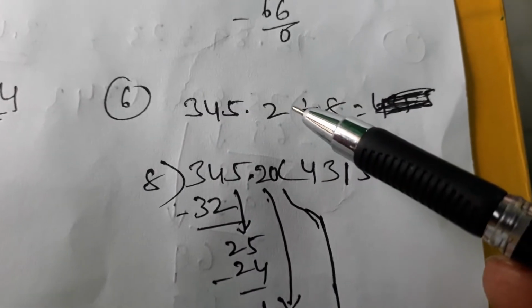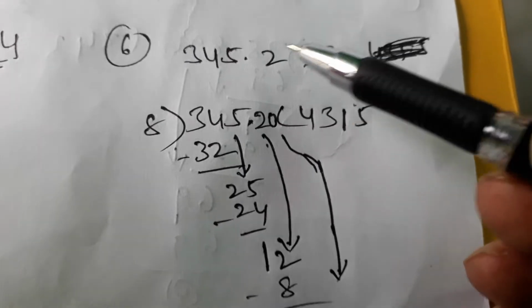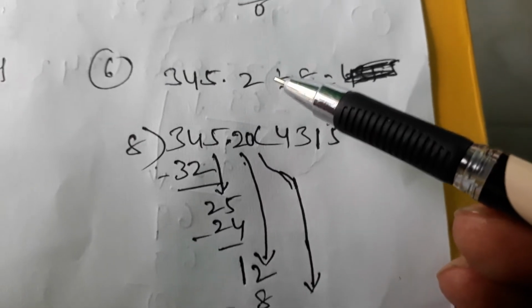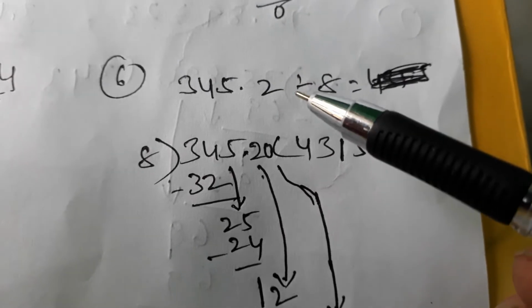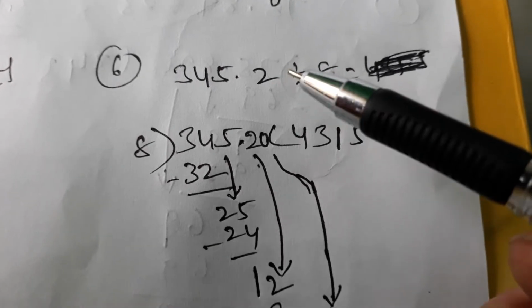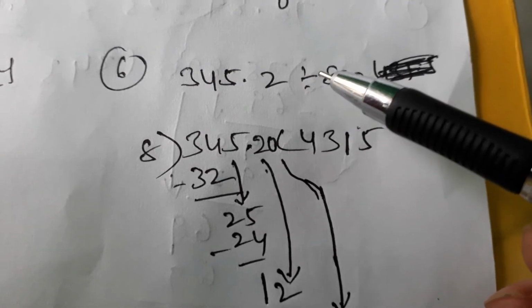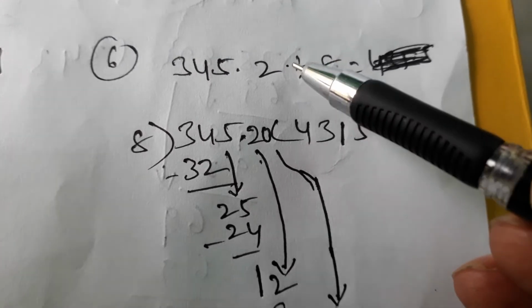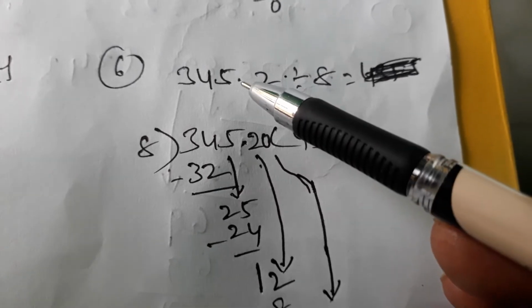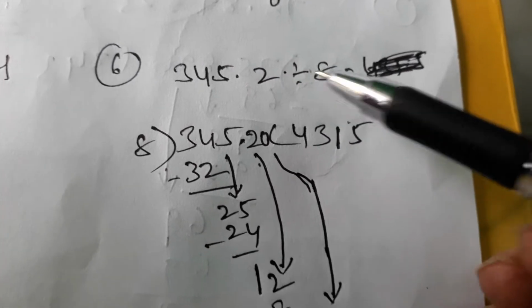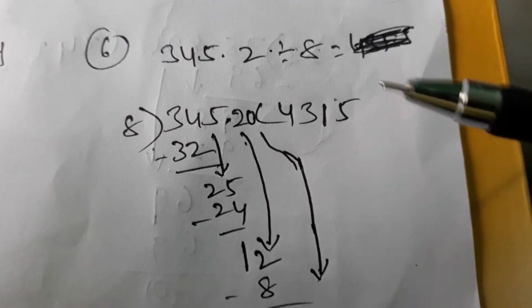Here there is no 0, but you can take 0. After the decimal, you can write zeros any time, whenever you want. You can write many zeros at the end of the decimals, as many as you want.